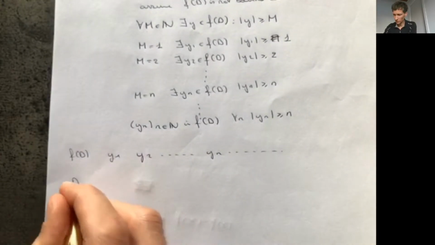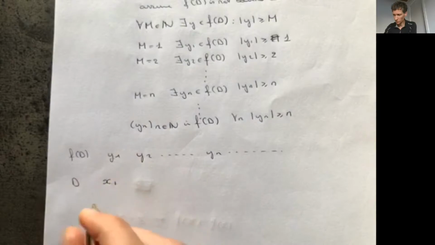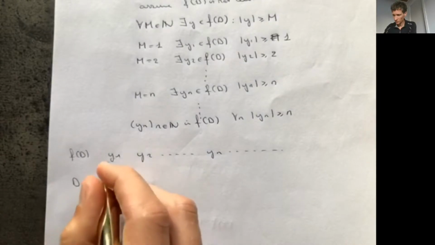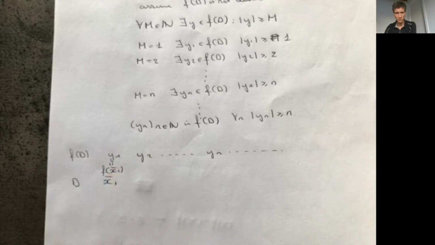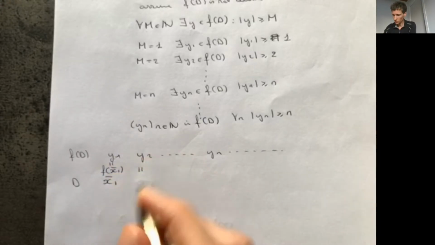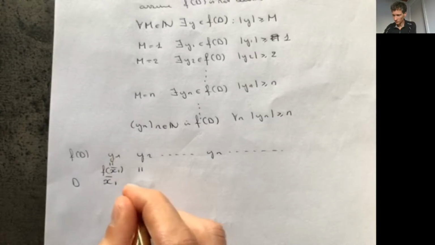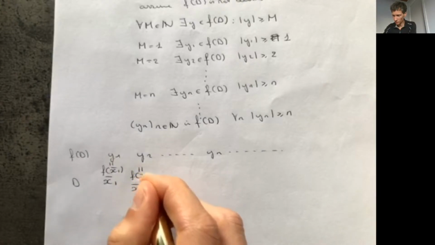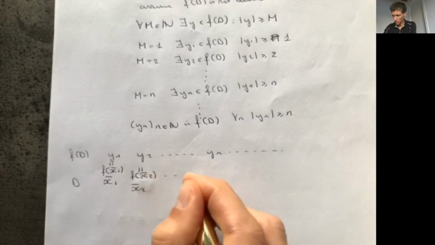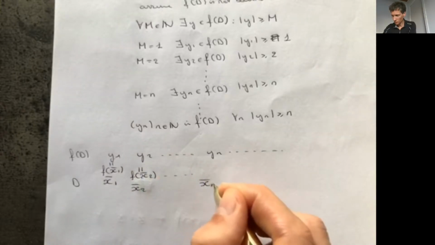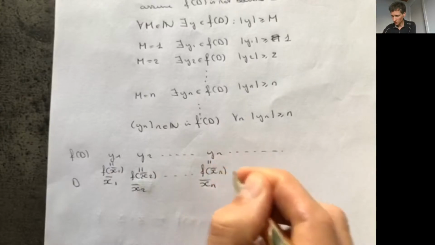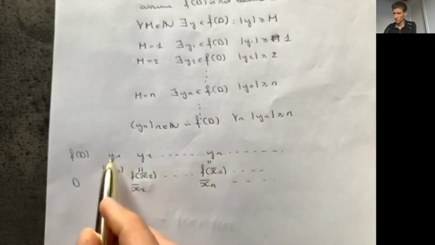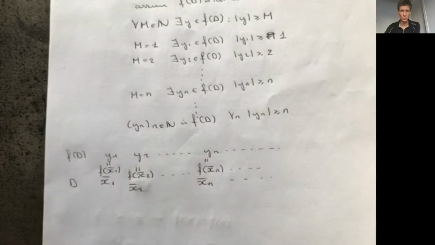For y2 we can find a vector x2 such that y2 is equal to f of x2, and so on. Generally we have an xn such that yn is equal to f of xn. This follows from the fact that all the y's are in the range of f.